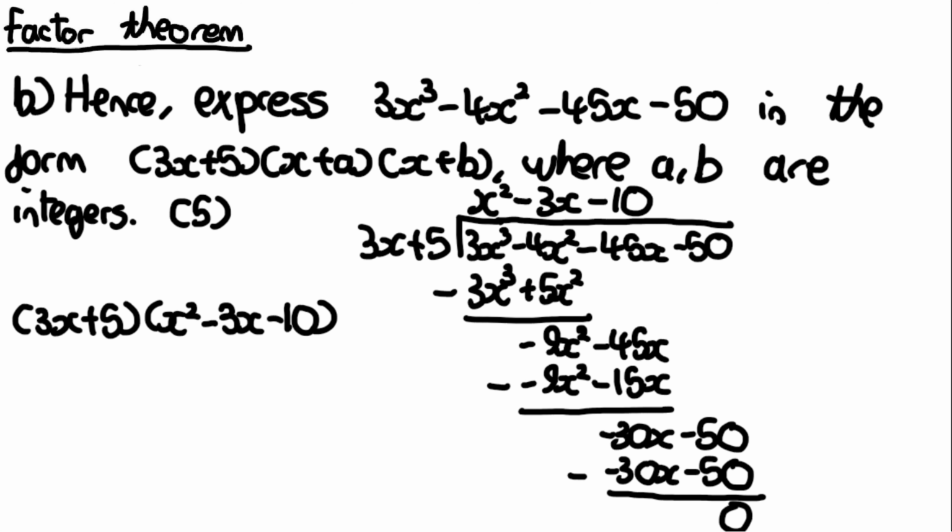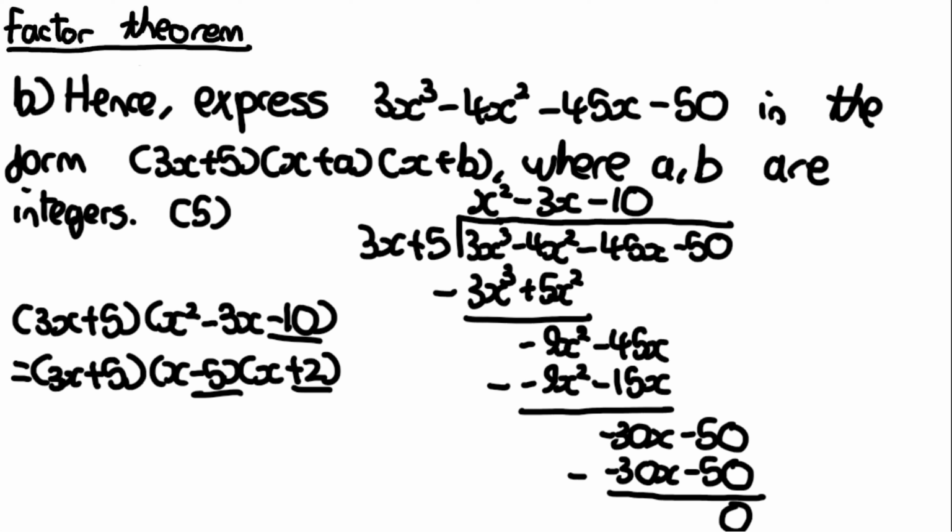This is going to be equal to 3x plus 5, and then the factorized quadratic is going to be x minus 5, x plus 2, because if you times minus 5 and 2 you get minus 10, and if you add minus 5 and 2 you get minus 3. So therefore we can factorize it in that way, and that is the final answer, and these are the two brackets here, x minus 5 and x plus 2.